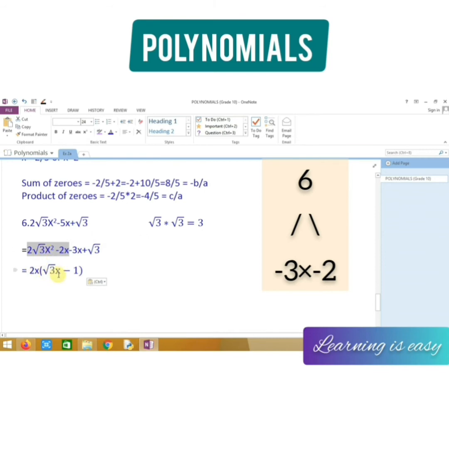So now you multiply and see it is 2 square root of 3x square minus 2x minus square root of 3.